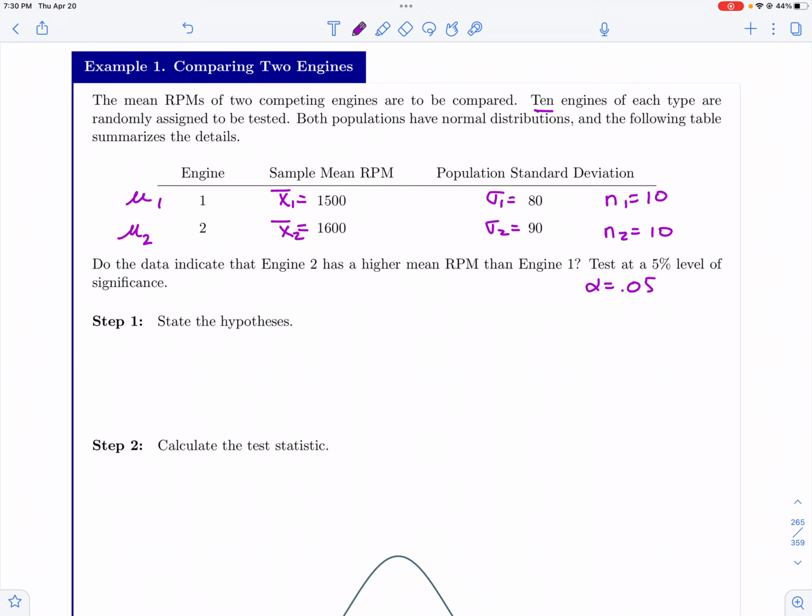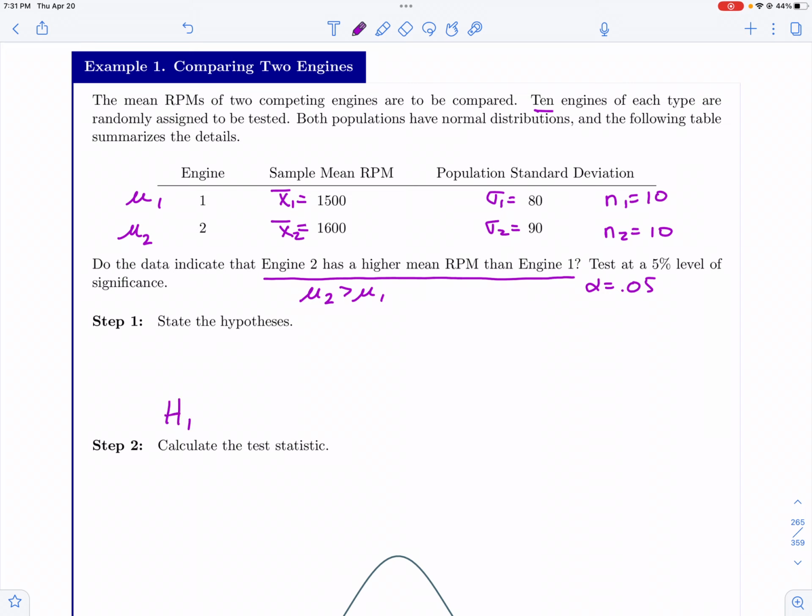All right, so now that we've identified everything, we need to write down our claim. And we do want to be a little careful of our claim because according to this, it says engine 2 has a higher RPM than engine 1. So from an inequality perspective, this is going to look like mu2 is greater than mu1, which is in fact true. But whenever we're setting up our claim, we always want the mu1 first and then the mu2 second.